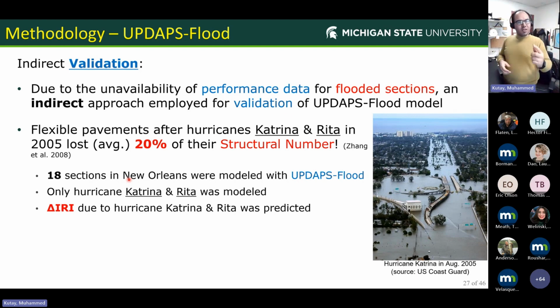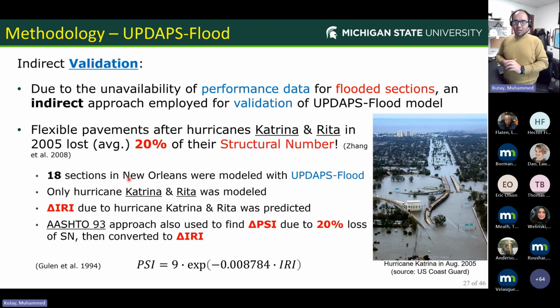On the other hand, because these pavements are designed by the AASHTO 93 method, and we have the structural properties and traffic, we used the AASHTO 93 approach, changed the structural number by reducing it by 20%, and calculated the delta PSI, the Pavement Serviceability Index, corresponding to that 20% loss of the structural number. Then we converted that delta PSI into delta IRI using conversion methods in the literature.